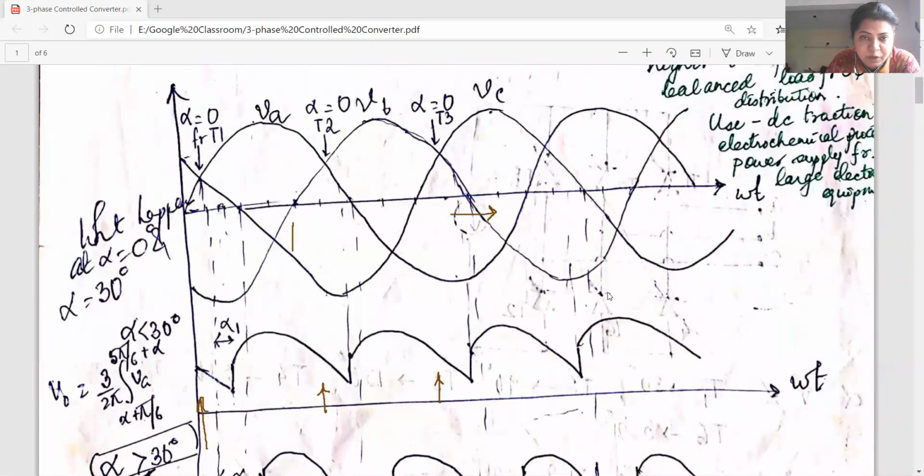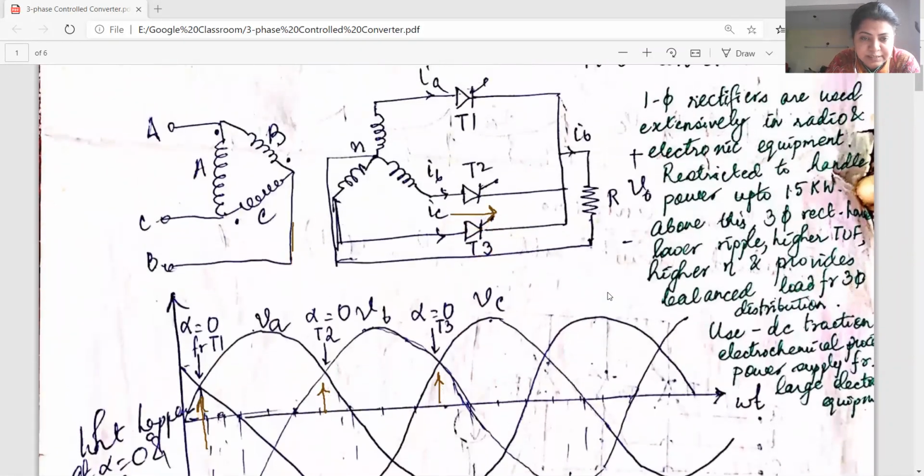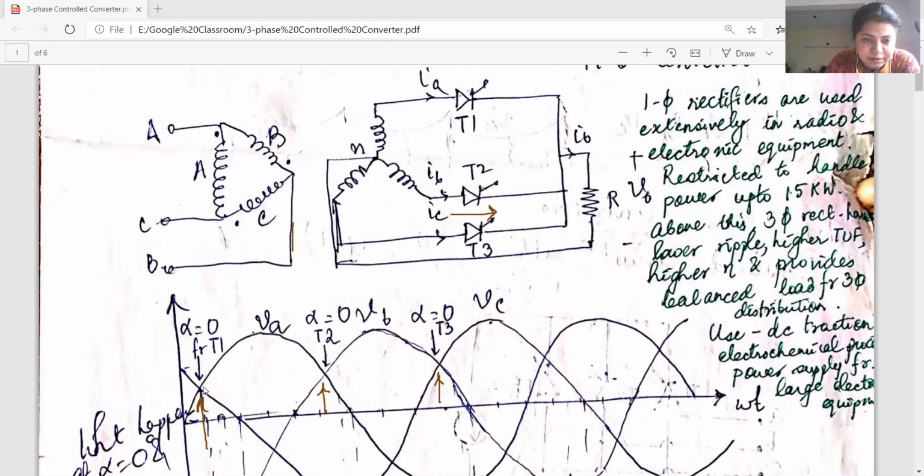The waveform which we will obtain across its output R will be this.